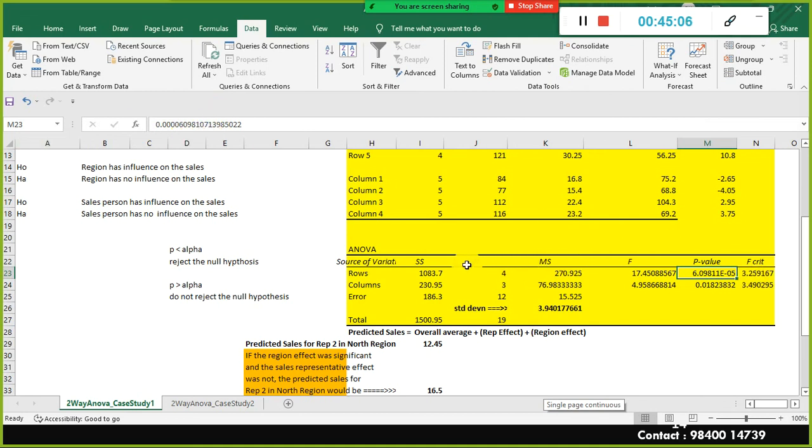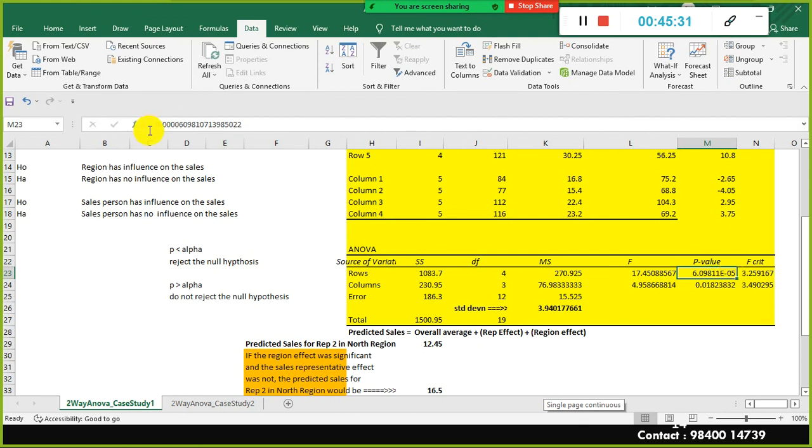A simple way of remembering this: whenever you find in the p-value, after a value like 6.098, E minus 5, that means you need to prefix this value by 4 zeros. If it is minus 7, what will you do?